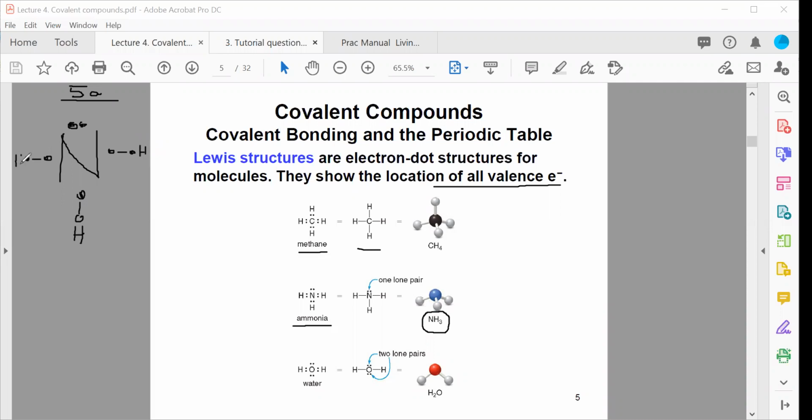Okay, now count those electrons that are surrounding the nitrogen. How many electrons around nitrogen? And we have satisfied the octet rule. Excellent. And of course, each hydrogen is also satisfied with that full shell.